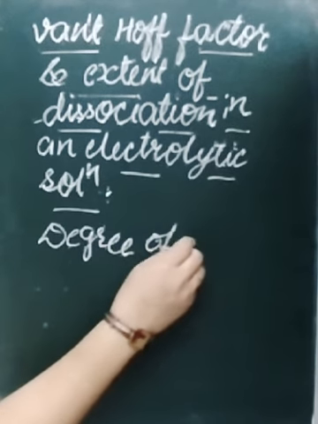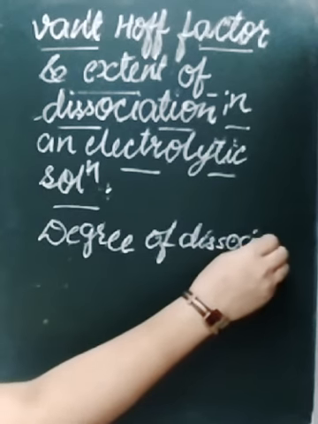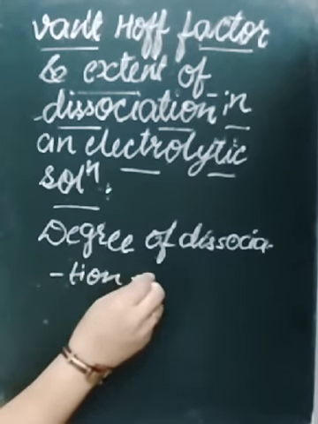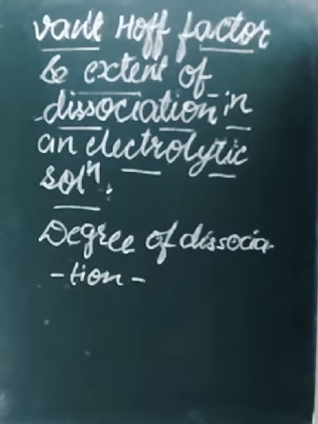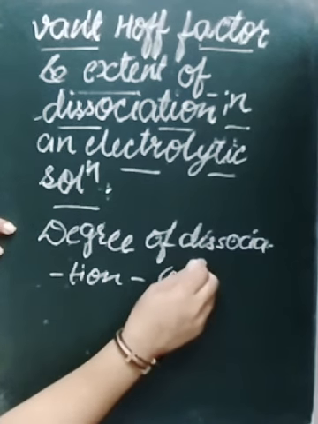We know that an ionic compound or polar compound, when dissolved in a polar solvent, dissociates into ions. So how much fraction of that substance is broken into ions, is dissociated into ions? That fraction is called the degree of dissociation. The degree of dissociation is denoted by alpha.